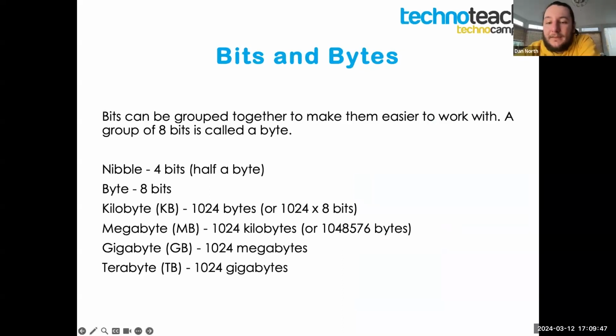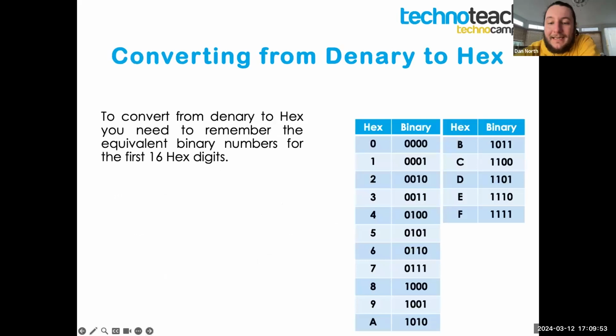That's 4 bits, half a byte. Which means you can represent a full byte in hexadecimal with two numbers. Sorry, I keep calling them letters. They're not letters. Okay, these are symbols for numbers.